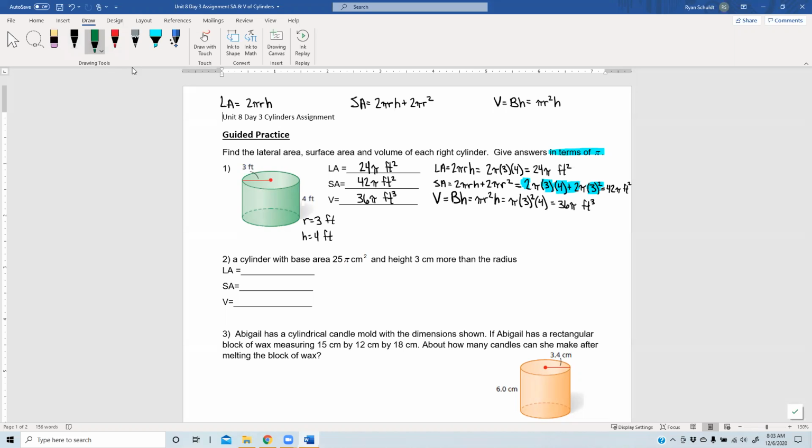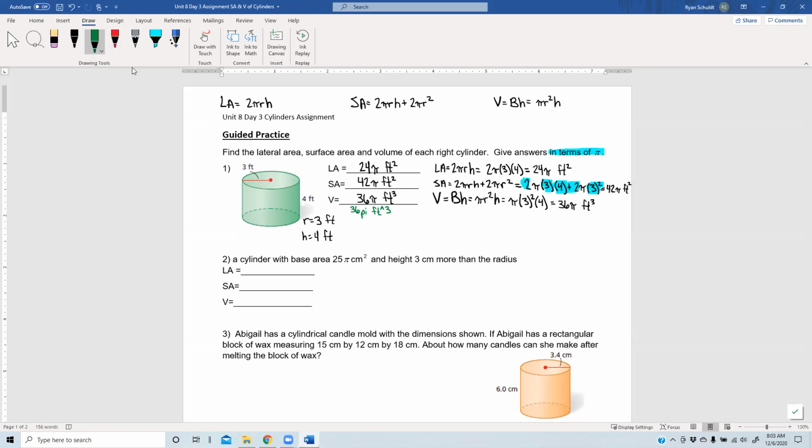Remember, when you put these into the Google form, you can do 36. If you don't know how to get the pi, just type pi for pi. Feet to the third power.